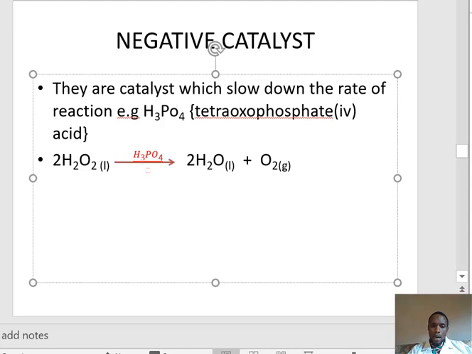Now, hydrogen peroxide decomposes to give us water and oxygen. This reaction is very fast. If it decomposes within seconds, the oxygen will disappear and you are left with only water. So for that reason, we use this reagent, tetraoxophosphate(V) acid, to slow down the reaction.